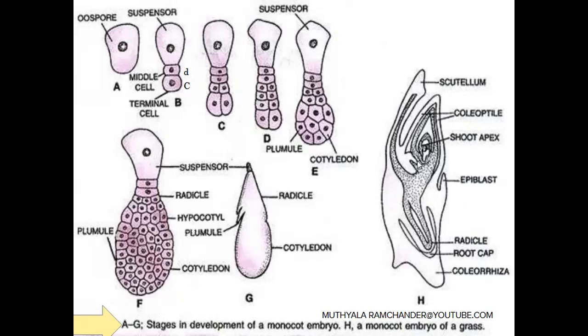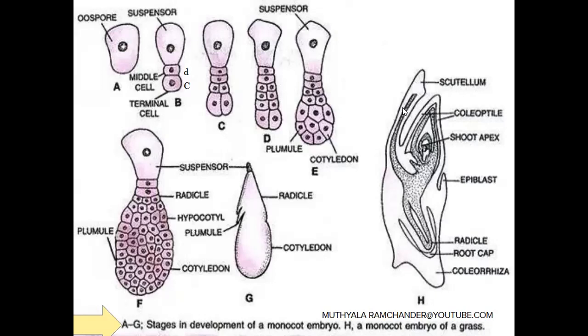Now, in the epicotyl, the shoot apex is present. That shoot apex is protected by one protective layer called the coleoptile. On the lateral side of the shoot apex or coleoptile, one single cotyledon is present.